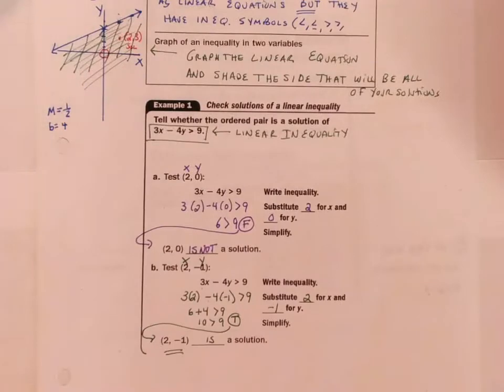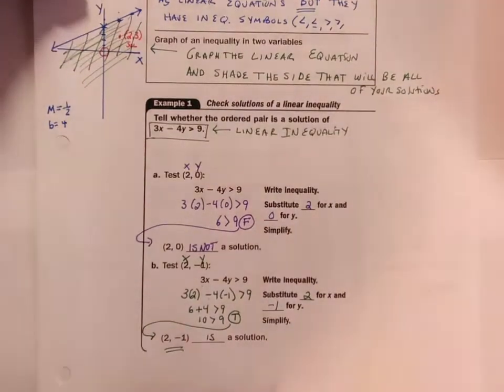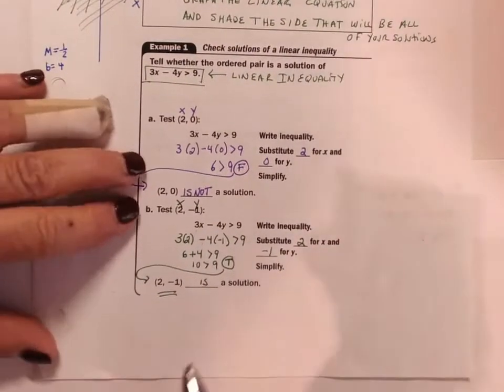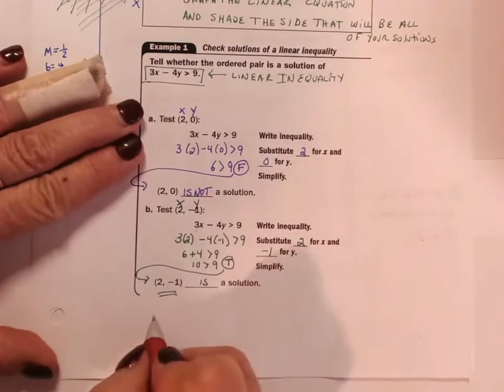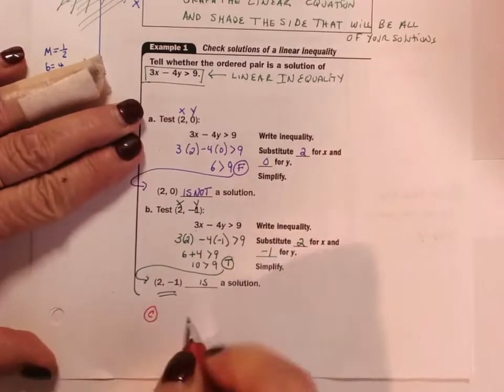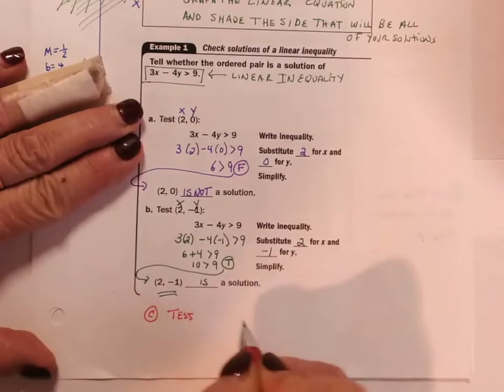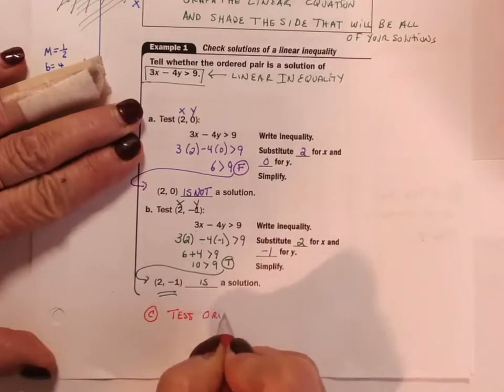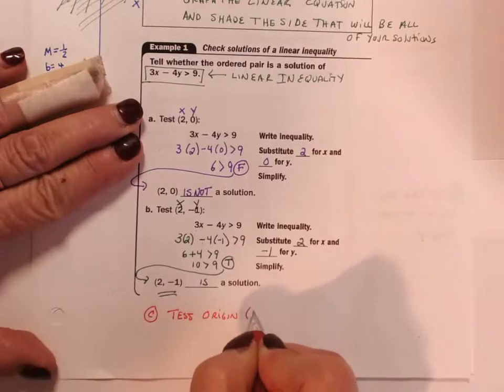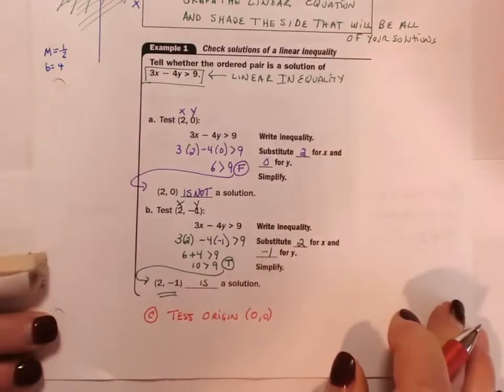Now I'd like you to add C. Test the origin, which is 0, 0.